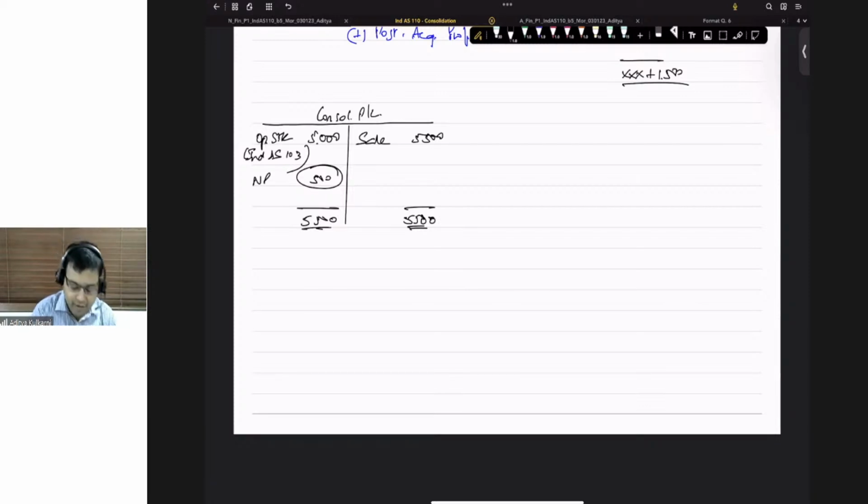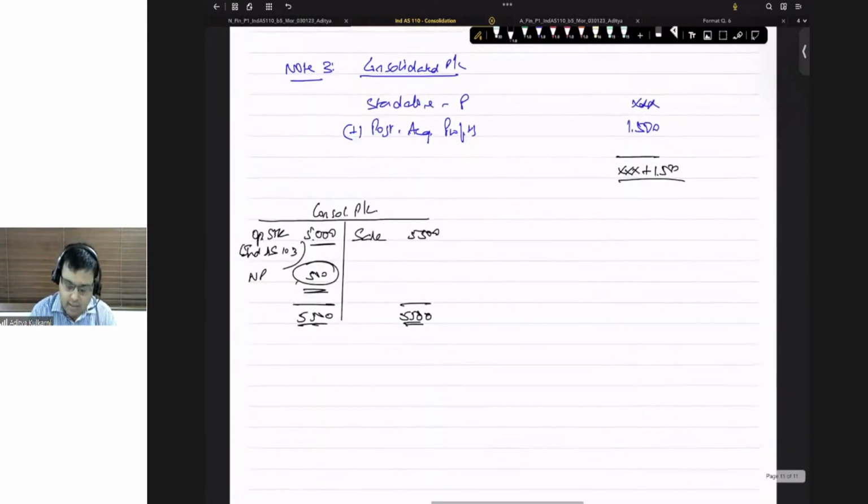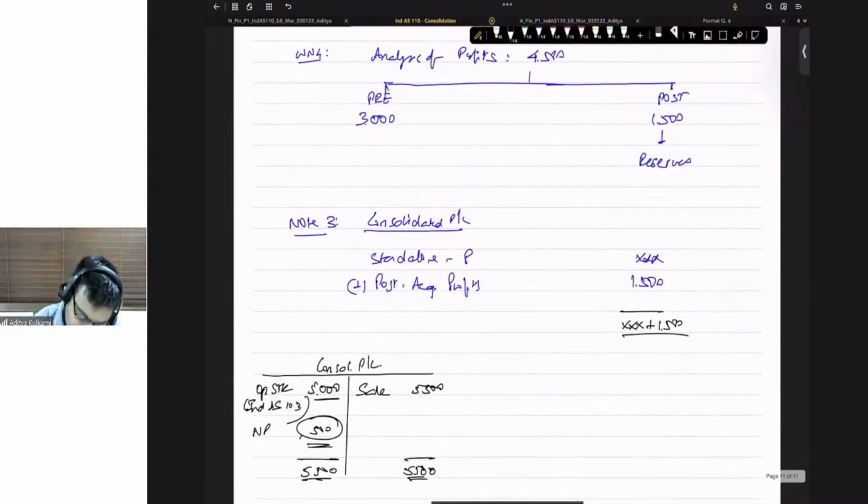So this 5,000 is not wrong. This net profit is also not wrong. This 500 also is correct. What is wrong is you have directly added this 1,500 to the inventory when in fact you need to do the adjustment of 1,000.